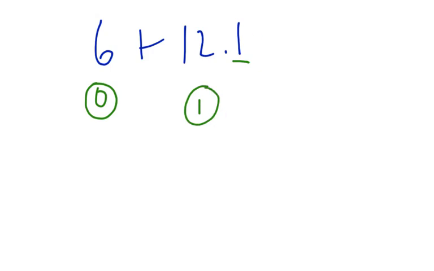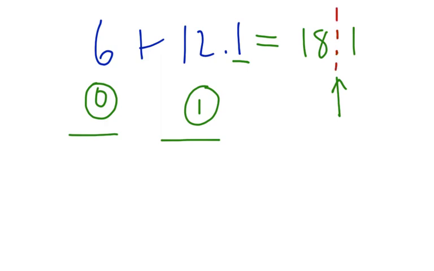When we add these together in our calculator, we get 18.1. The least number of places after the decimal is 0, which means I need to round this number to 0 places after the decimal, which essentially means I need to cut the number off here so there's nothing after the decimal.